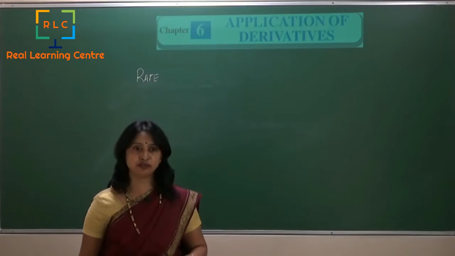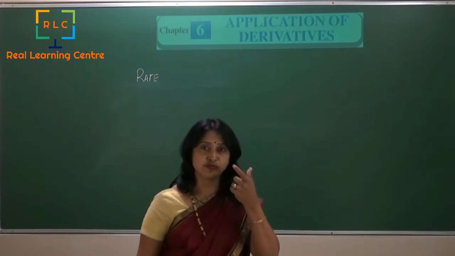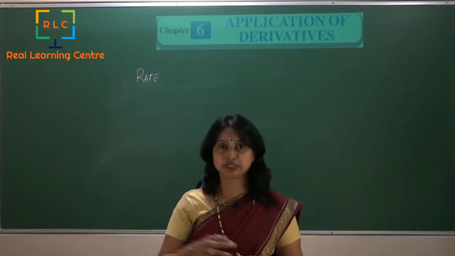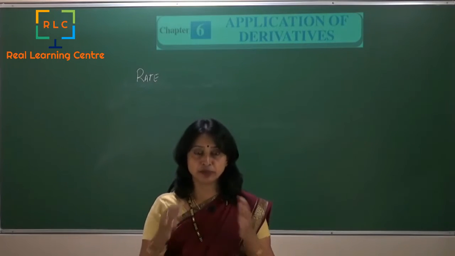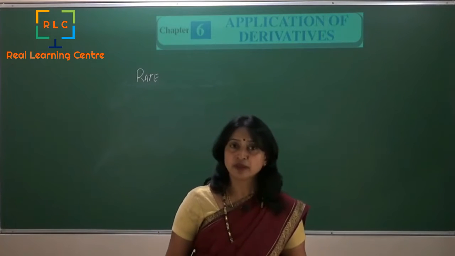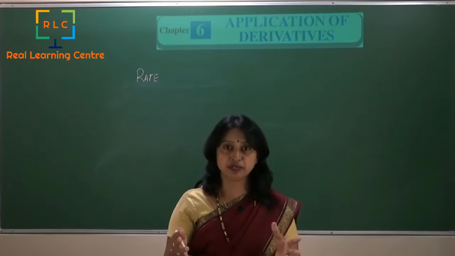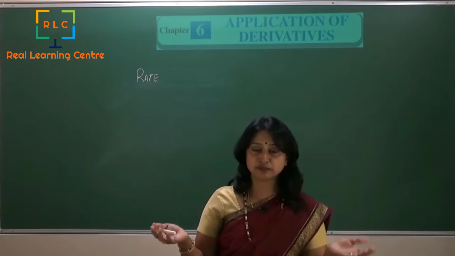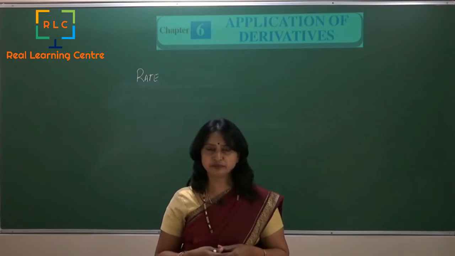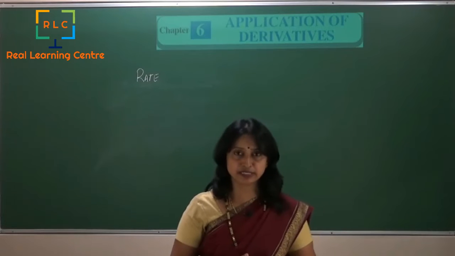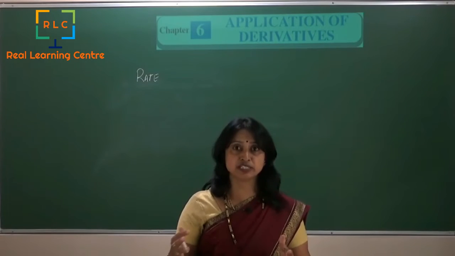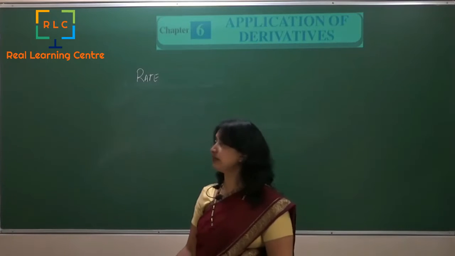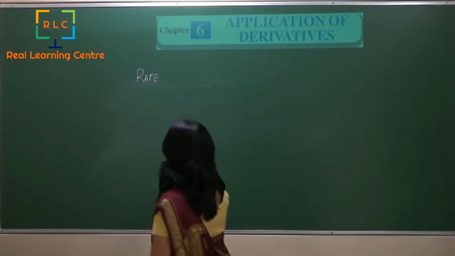So it may be the rate of increase of water flow into a cylinder, or it may be the sand pouring out of a lorry and forming a cone, or it may be you are using a sphere and you pump some gas inside the sphere, and at what rate it is increasing, to what extent it has to increase so that you can leave the balloon to the air. Now all this to calculate, we need something called rate measure.